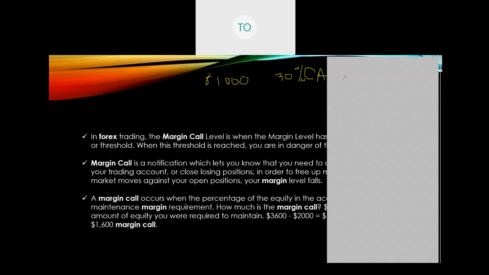So if your capital is 1,000, then 30% of that is, oh sorry, 700? Well, is that correct? No, 30% of 1,000 is 300. Oops, sorry. $300.